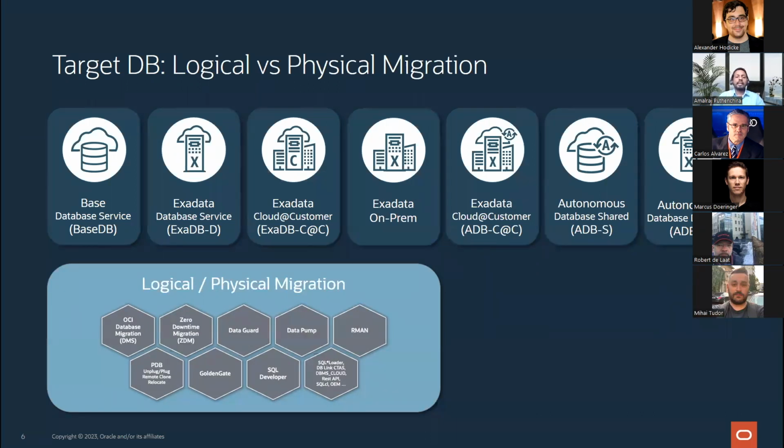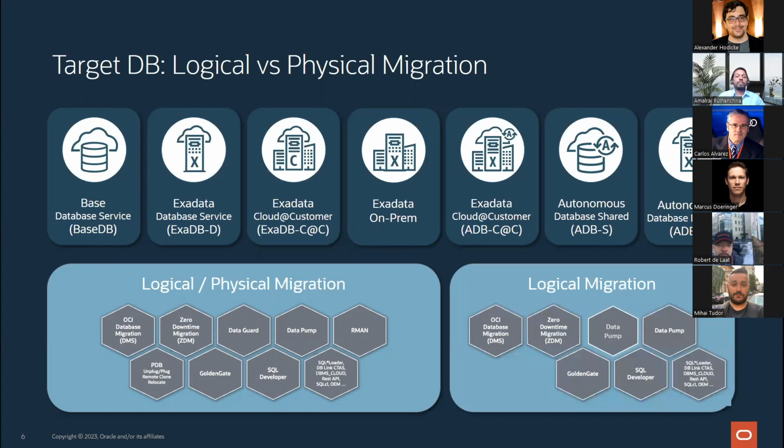For these targets, yes, you can perform logical or physical migration, whereas for the last 3 targets, we can only perform logical migration. For the last 3 targets, irrespective of the use case scenario, you cannot go for physical because this is autonomous, where you don't get access to the file, the operating system or to the container DB.